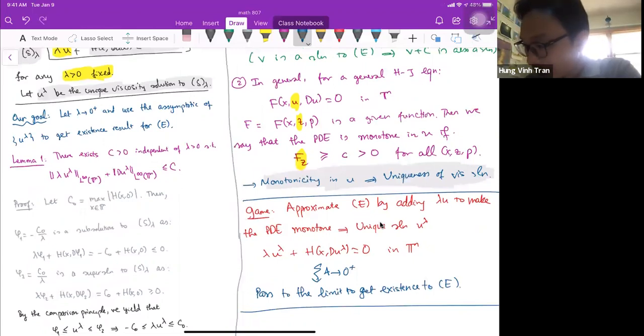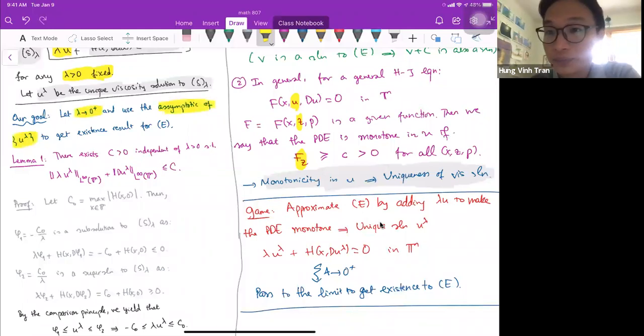Okay. So as usual, we're going to try to pass to the limit by considering certain asymptotic behavior of u lambda, to be made precise. And in order to pass to the limit, we would need to obtain a priori estimates, in such a way that we can use certain compactness results.